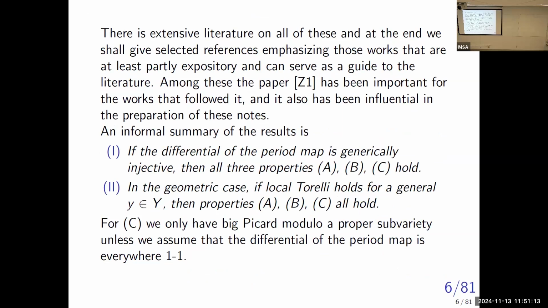That if you have a variety of general type, or one in the complete case, or in the quasi-projective case, log general type, then there should be a proper subvariety such that by definition, the complement is hyperbolic.